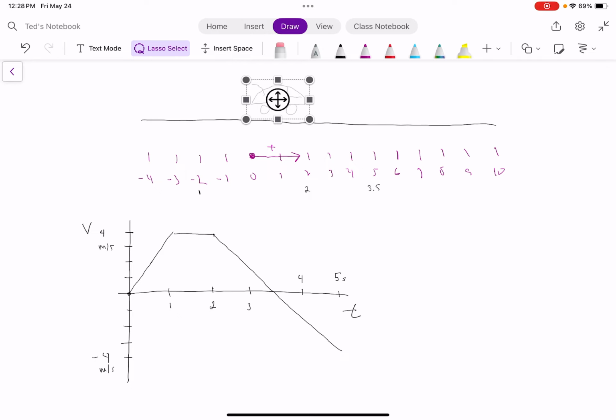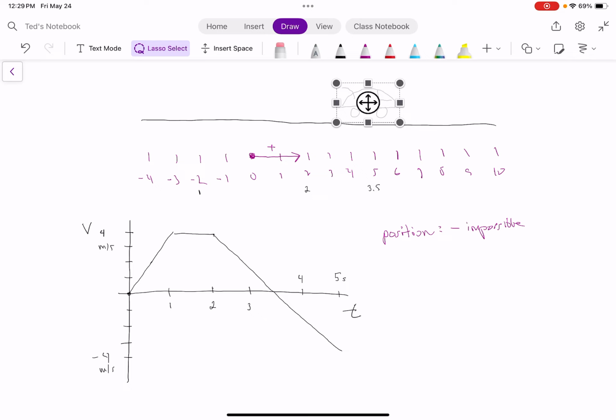Okay, so let's look at our graph and see what we can learn from it. So first of all, position. Actually, this is impossible. We cannot learn the position of the object from a velocity graph, because we could have the exact same velocity graph if the car started here and sped up, continued to move at constant speed, slowed down, and then reversed and went back a little bit.